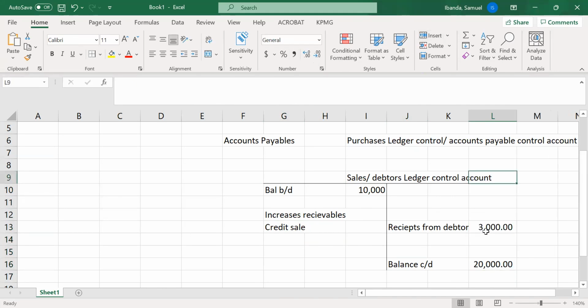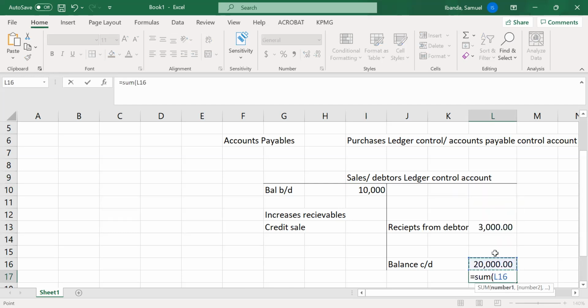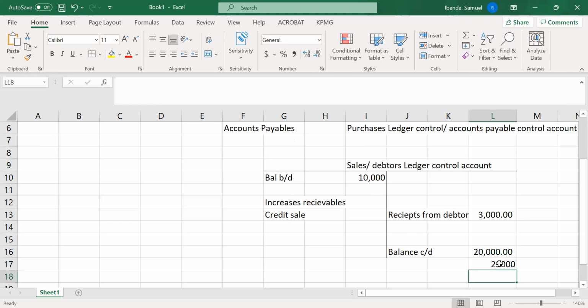So if they give us receipts from debtors and we have the balance brought down and the balance carried down, what we usually do is get the total of each side. So I'll basically add up what is on this side to get my total here. And of course, just like any other ledger, I expect that my higher side, which has the 23,000, should definitely match with this other side.